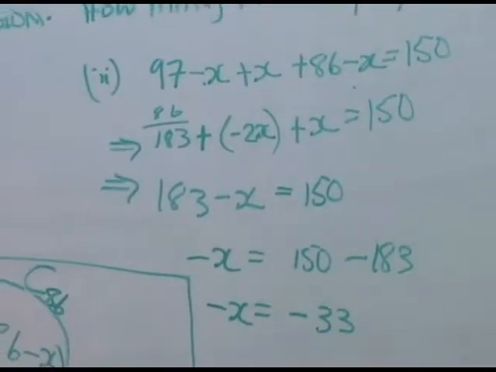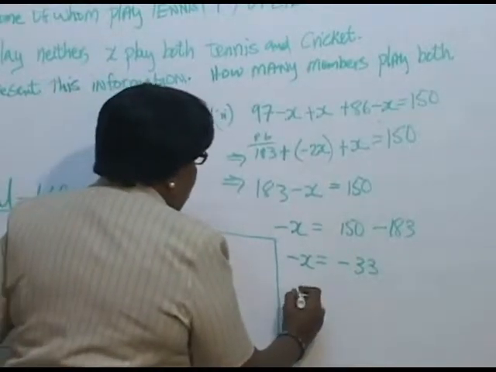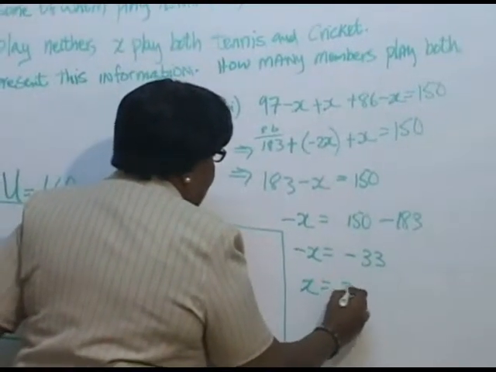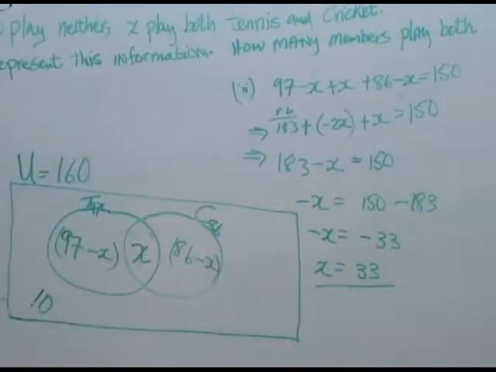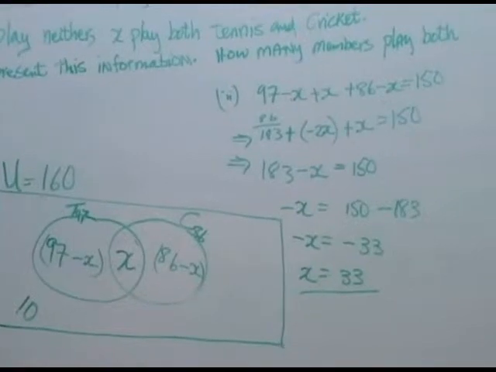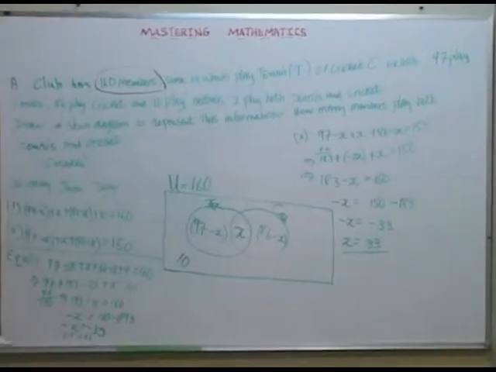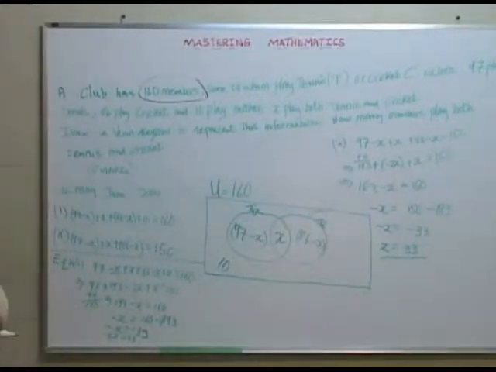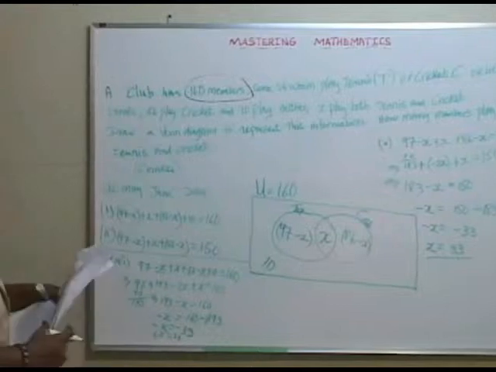And again, the variable has to be a positive number, so we change our sign. What we do to one side, we do to the other side, and so we get that x would have been equal to 33. So you see, you have two ways in which you could have approached this problem to get your answer. Use logic and reasoning, okay?